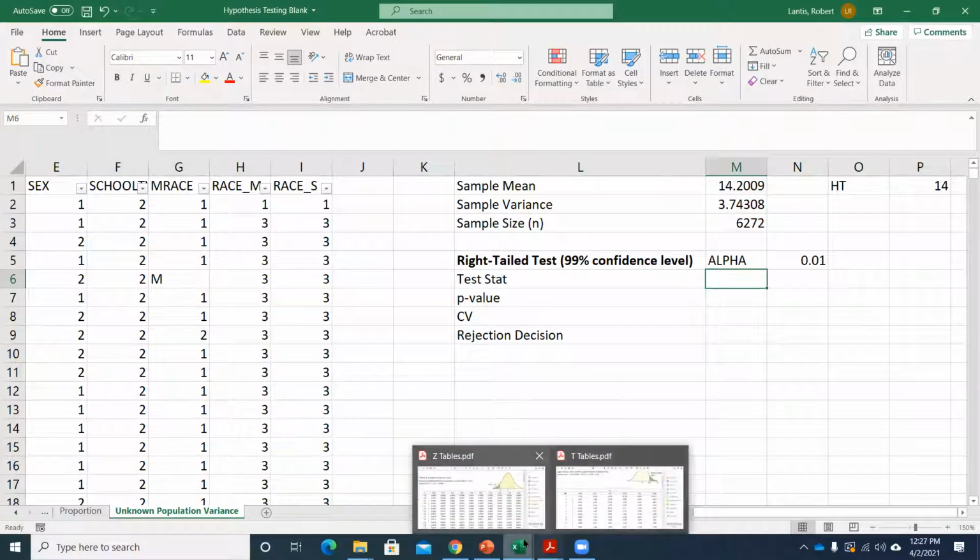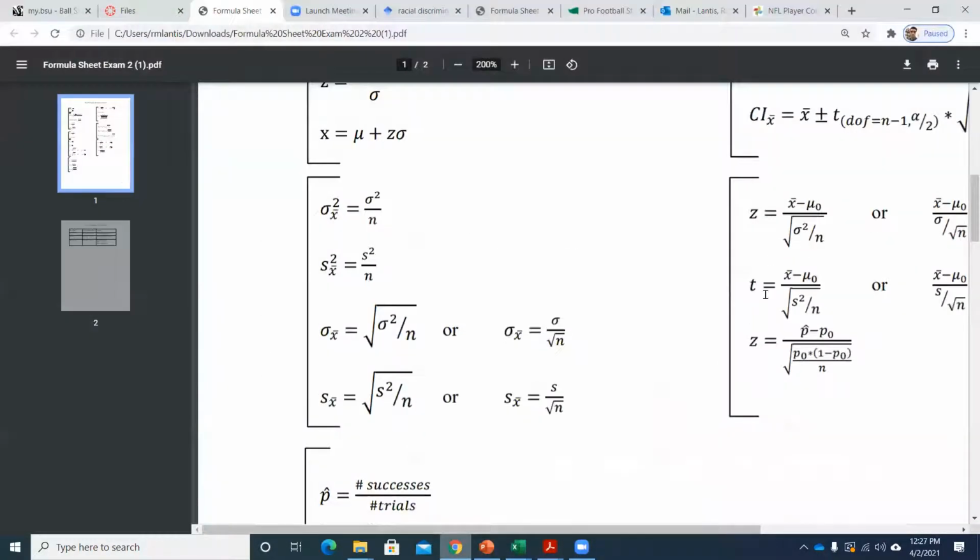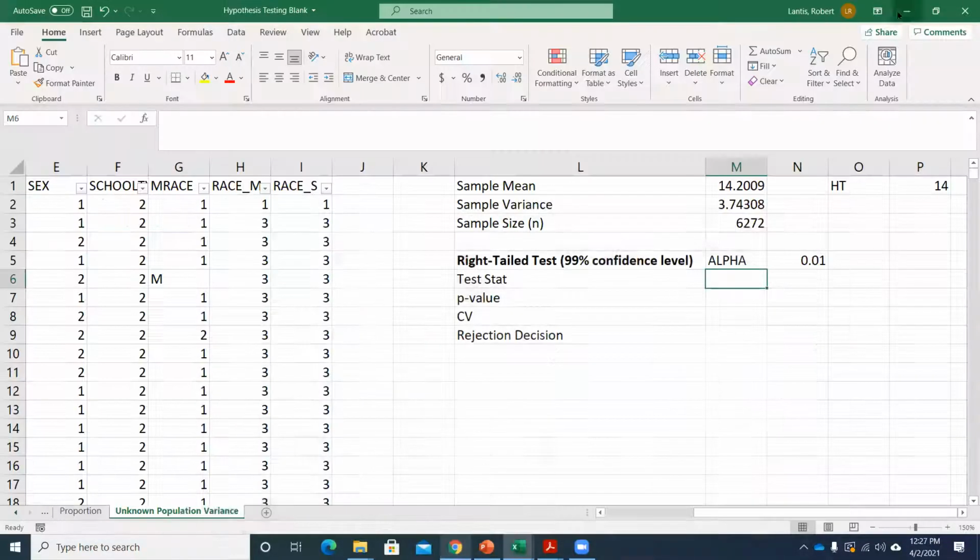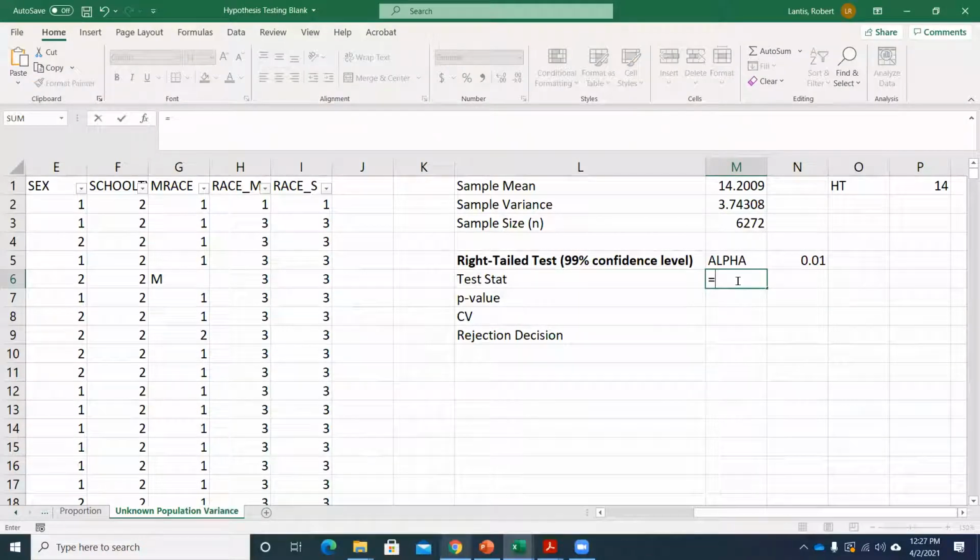So all I'm going to do initially is use Excel to be a calculator for me. So I know that I want this test statistic equation because I only have a sample variance, right? So I'm just going to enter that equation into Excel. Let Excel be my calculator.